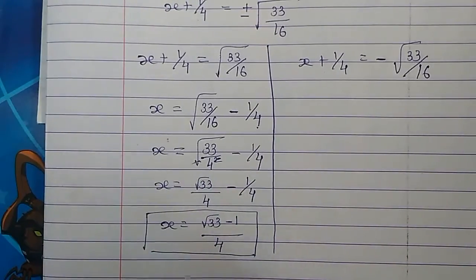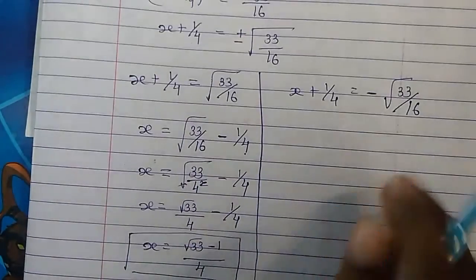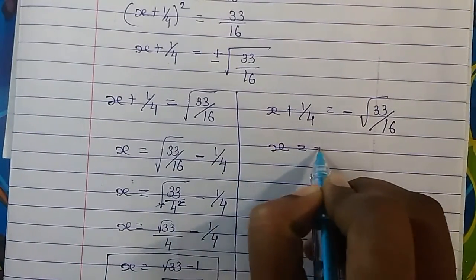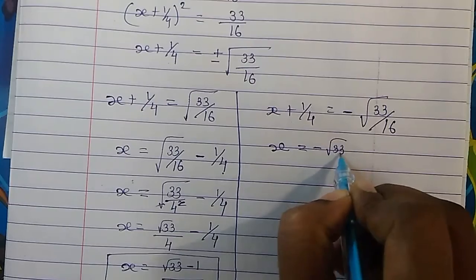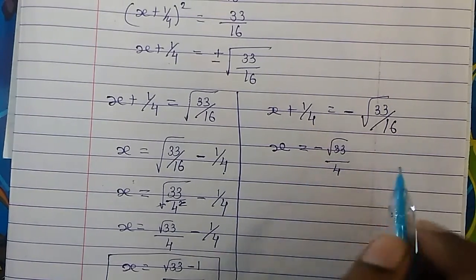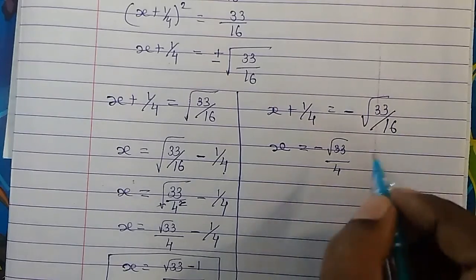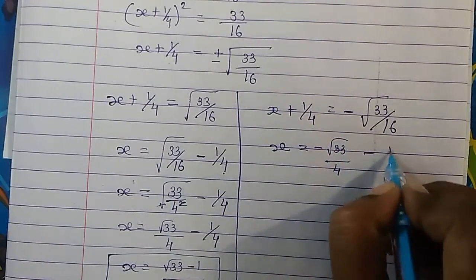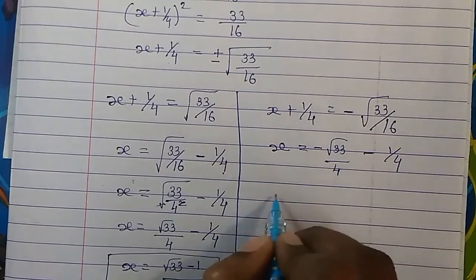This is the root of your x, and then here minus. In the same way, because the perfect square is 4, 4 square is 16, this can come out of the root. Then this plus is here, when it comes here it becomes minus.